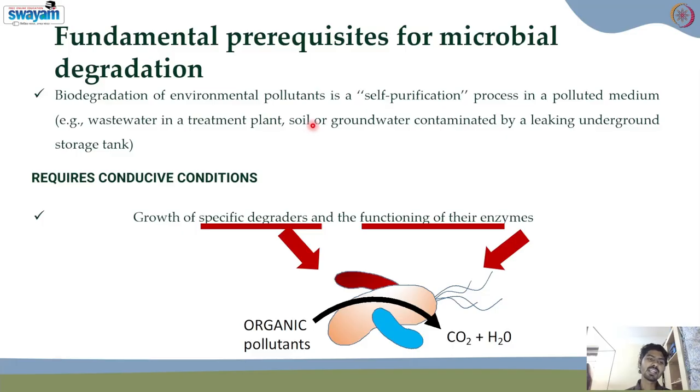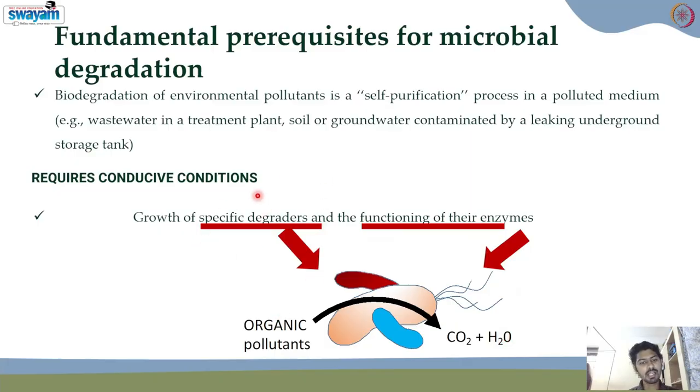So it is like a self purification process as we see in the aquaguards in our day-to-day life. And this requires conducive conditions. That is, they need two basic criteria. You need to use the appropriate microorganism which has the tendency to produce specific degradase, and the degradase should function well in order to break down this complex compound into a simpler structure.